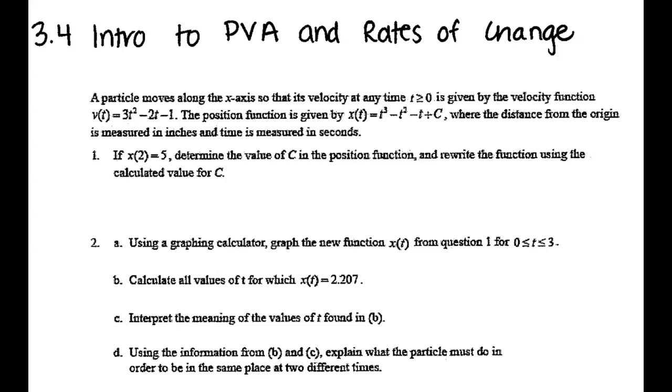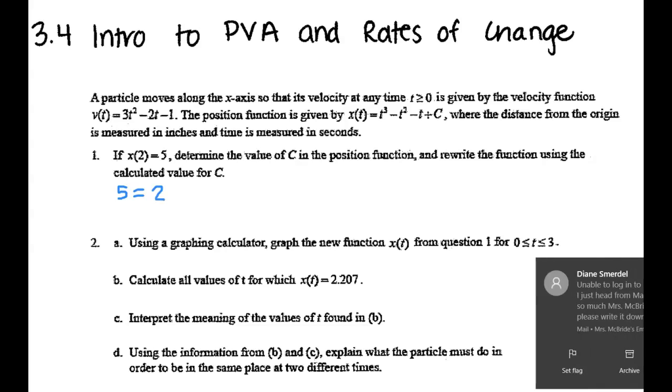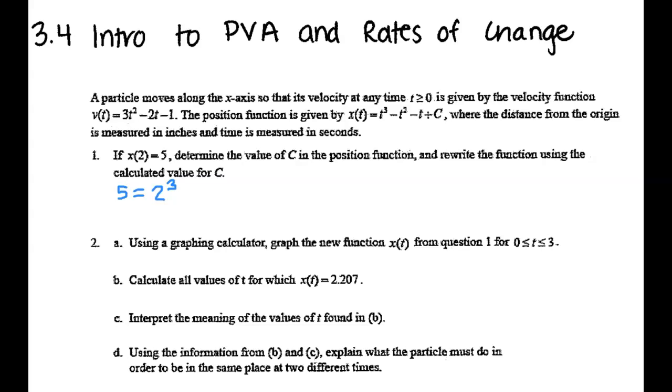So, in order to determine that value, what we needed to do was say, okay, 5 equals 2 cubed minus 2 squared minus 2 plus c, and then simply solve for c.